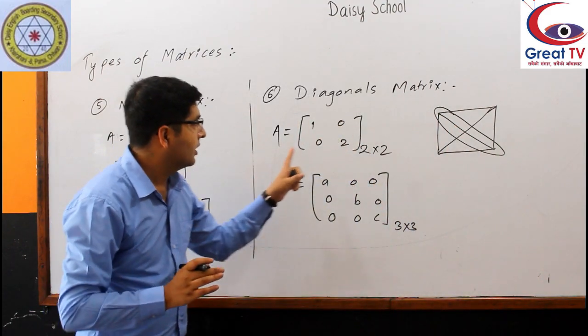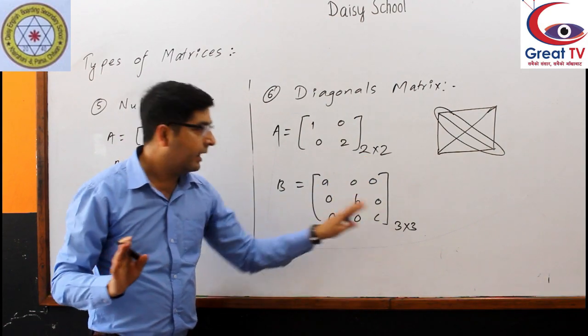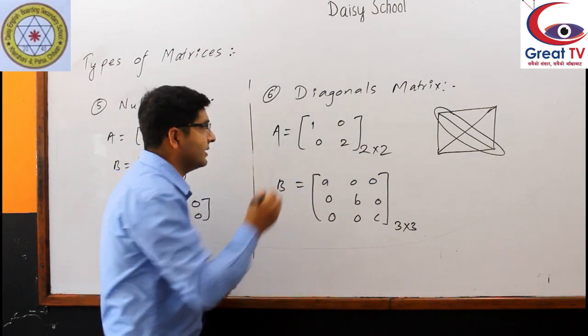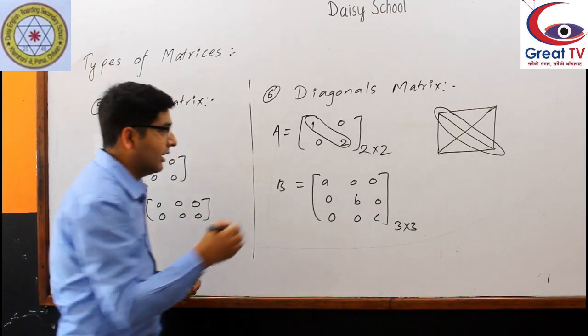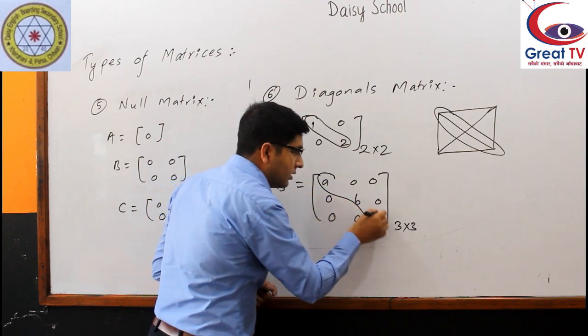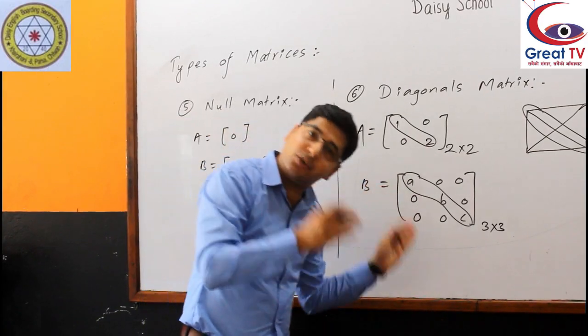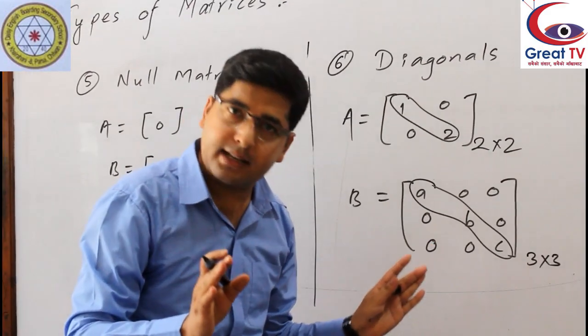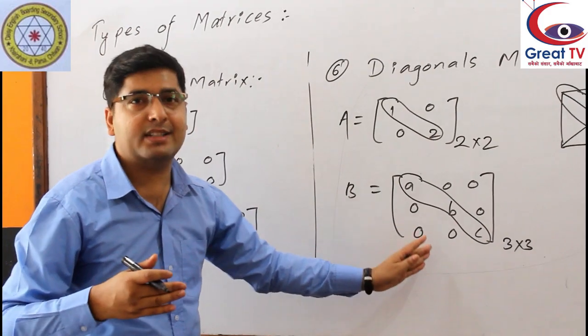In the same way, this is an example of a square matrix. This is also an example of a square matrix. In these two square matrices, except the leading diagonal, all entries are 0.